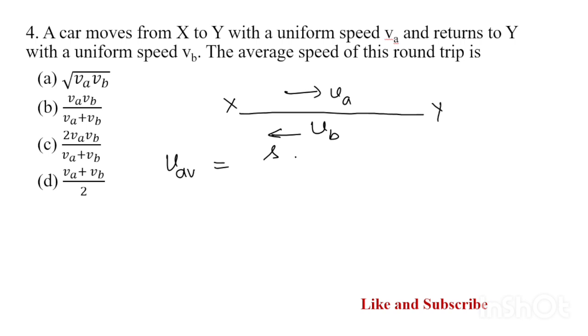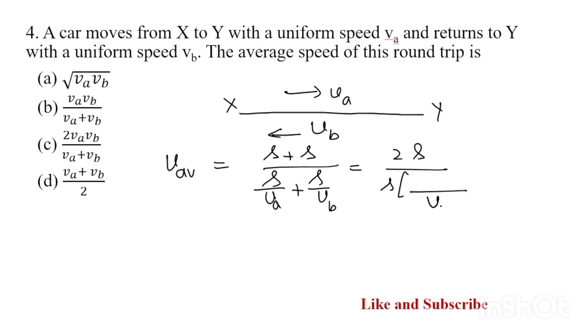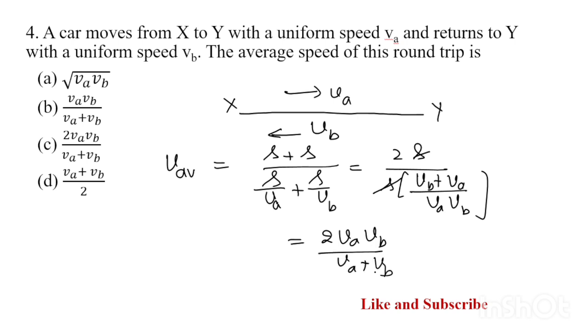If X to Y is s, then Y to X is also s, and s upon VA plus s upon VB. Now we take 2s, sum of s plus s, and in the denominator we take s common and VA into VB LCM. So here the value will be VB, this value will be VA, s cancels. So the answer is 2 VA VB upon VA plus VB. So the correct option is C.